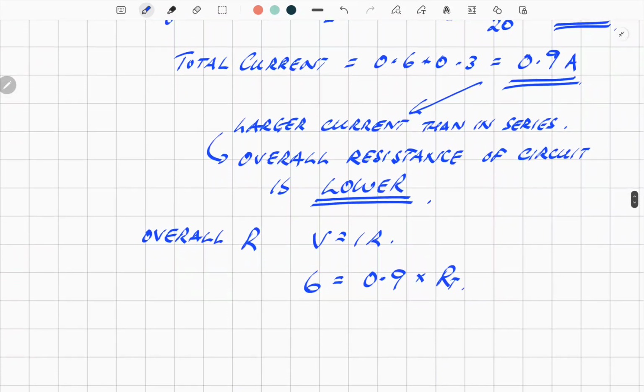You're going to have to bung that in a calculator for me. You got a calculator? I'll find one. Hang on. 6 divided by 0.9. And it comes to RT equals 6.67 ohms.